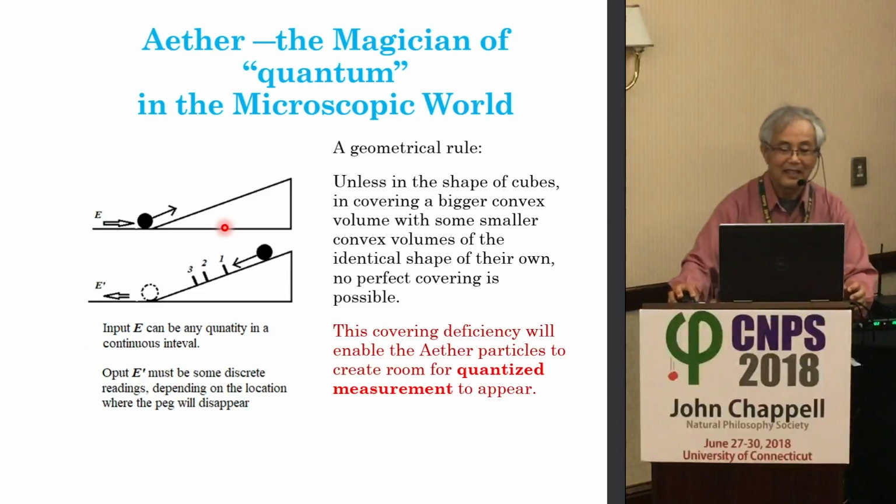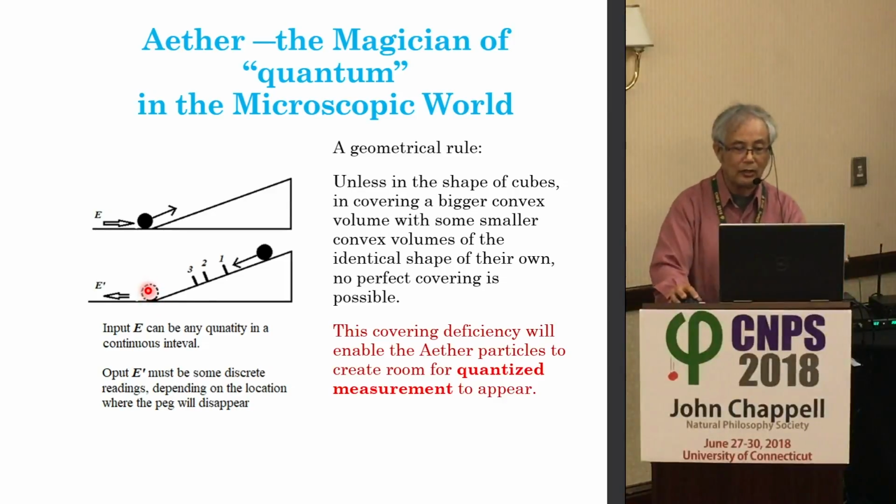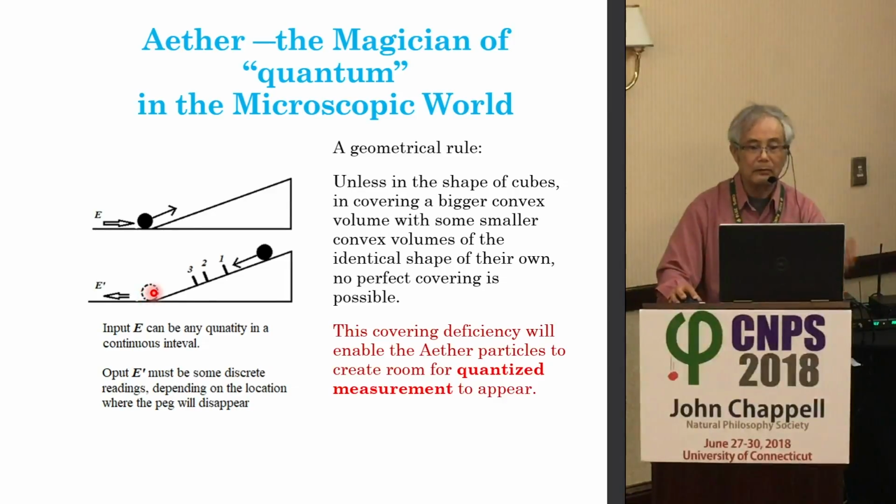Okay, thank you. When the ball rolls back and is retained by peg one, it cannot go any further. However, when pegs 1, 2, 3 disappear at the same time, it will roll down. But the energy you measure must be one fixed value.